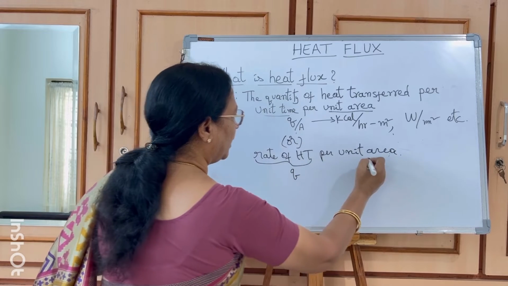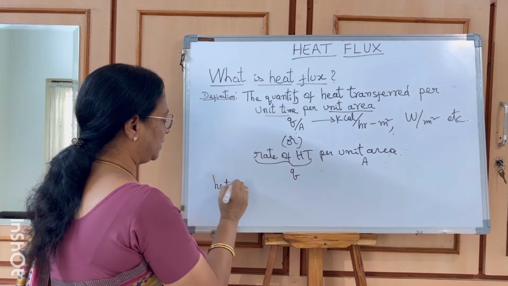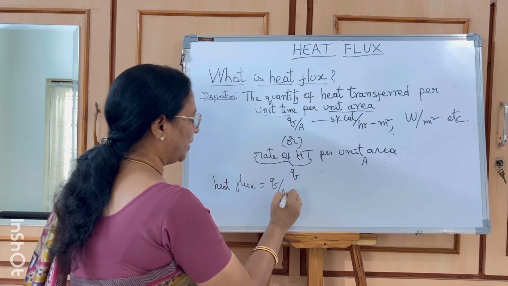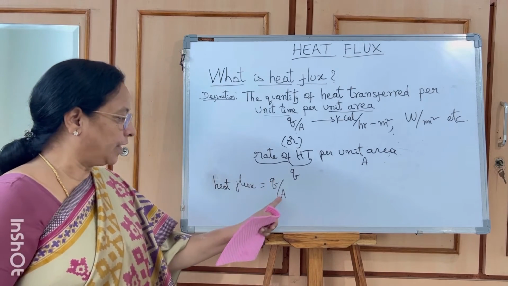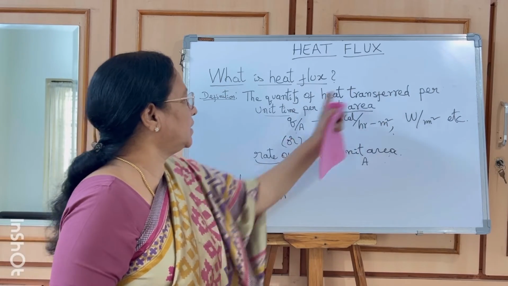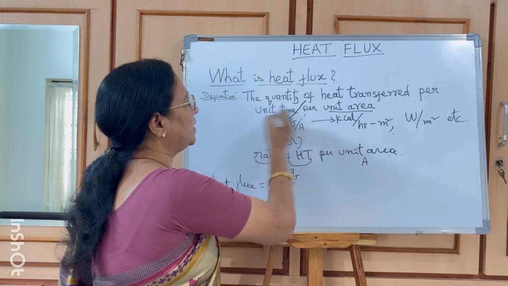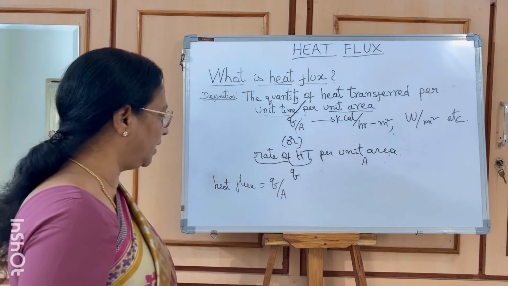Q. Area is A. Therefore, heat flux we represent by the term Q by A. Rate of heat transfer per unit area, or quantity of heat transfer per unit time per unit area, is Q by A, heat flux.